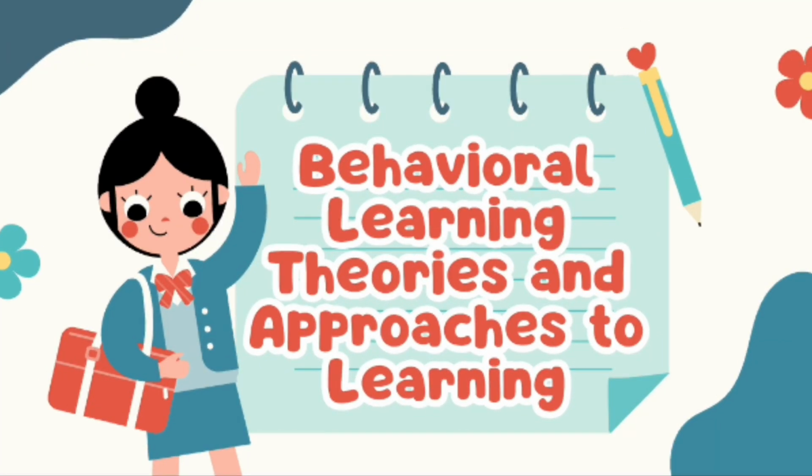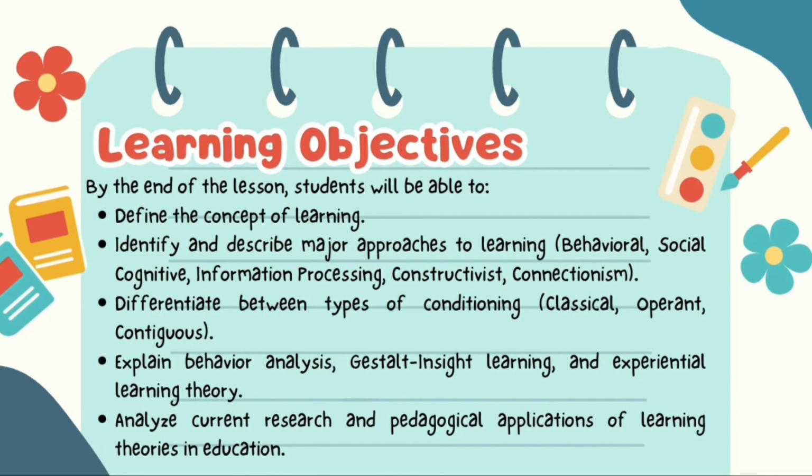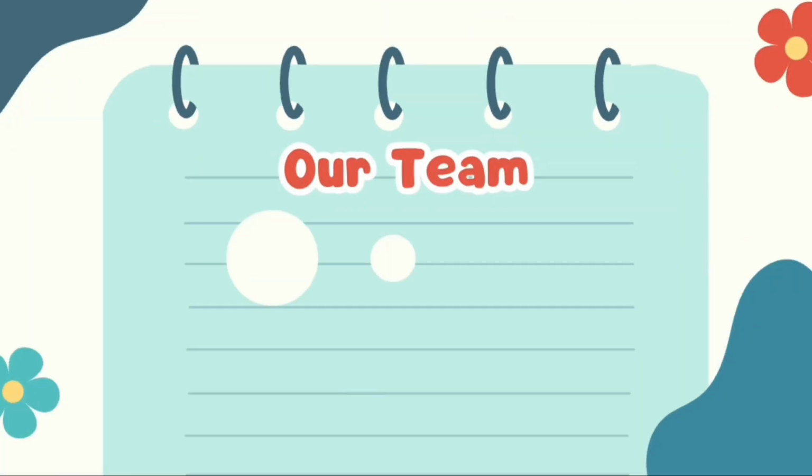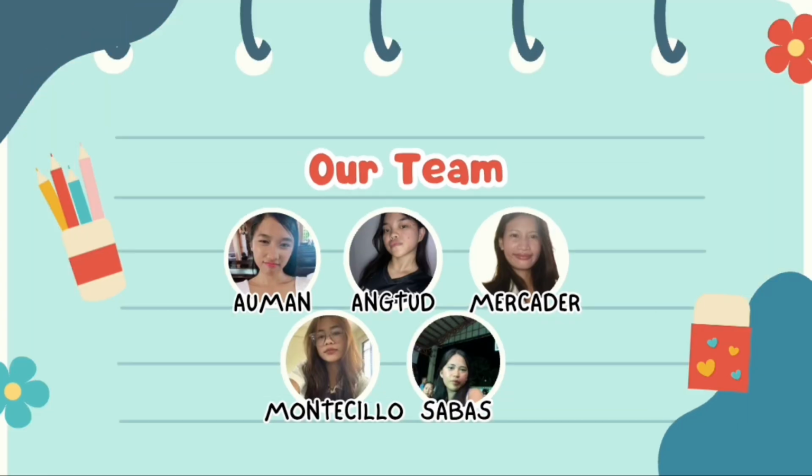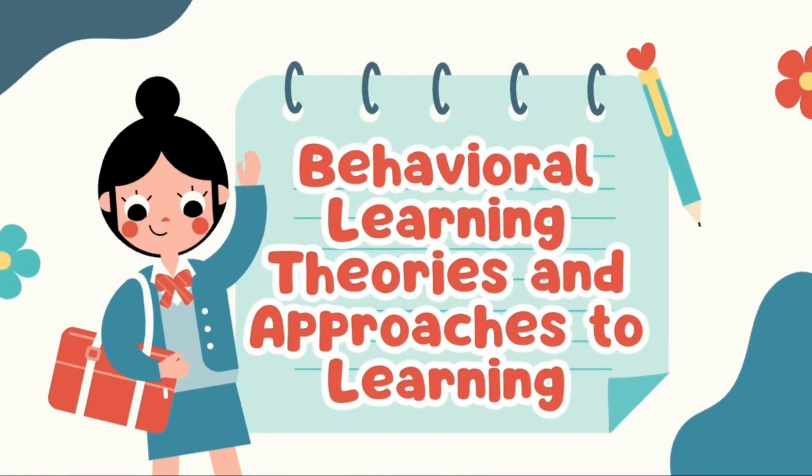We are Group 5 here to present Unit 9, where every behavior a child shows, whether it's curiosity, confidence, or even a sudden tantrum, comes from something deeper than we might think. Behind every action is a process of learning.